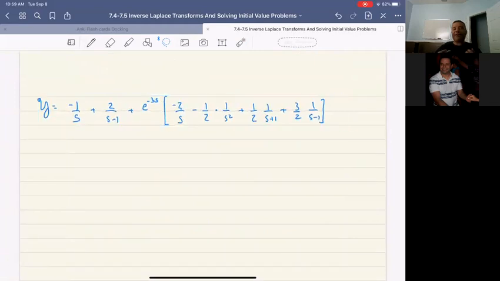Okay, so now we've got to find y of t. First thing, inverse Laplace transform of 1 over s, we already know that's going to be 1. So that's -1.